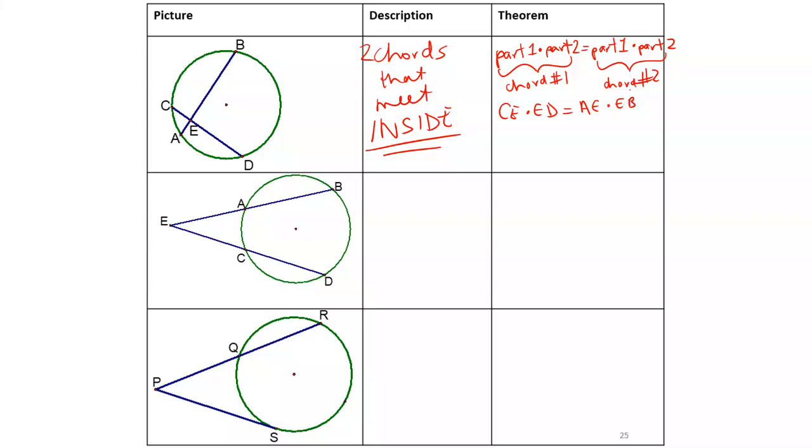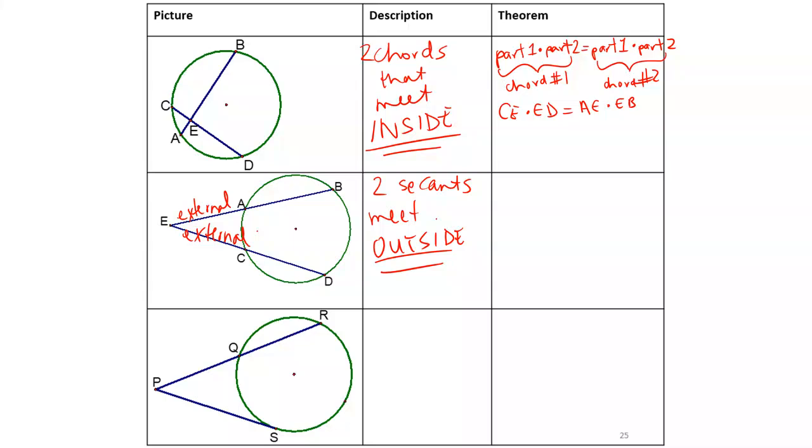Now in the second picture, we have two secants, and they are meeting outside. And when that happens, we have this external part here, and we have this external part here.